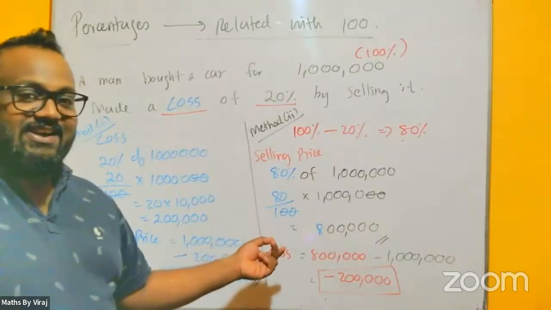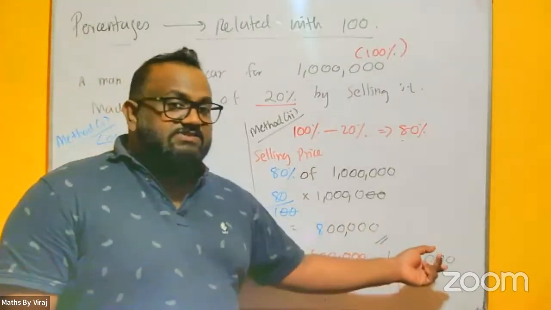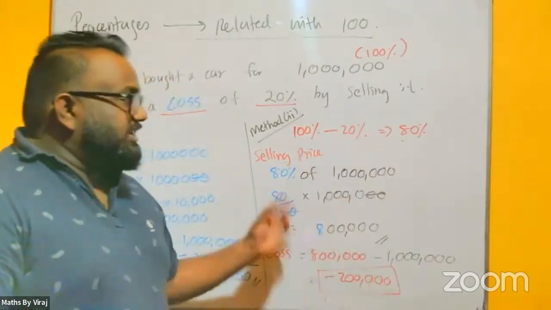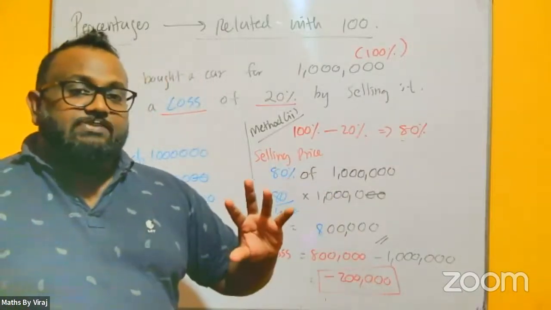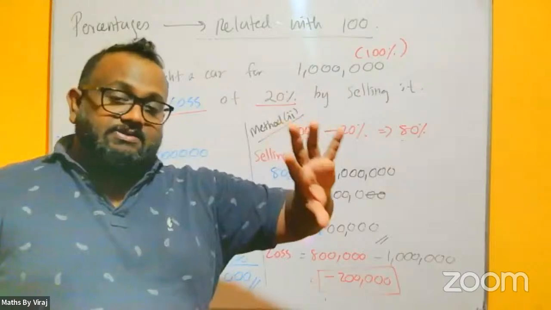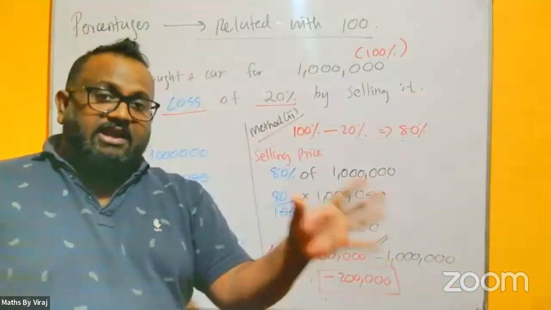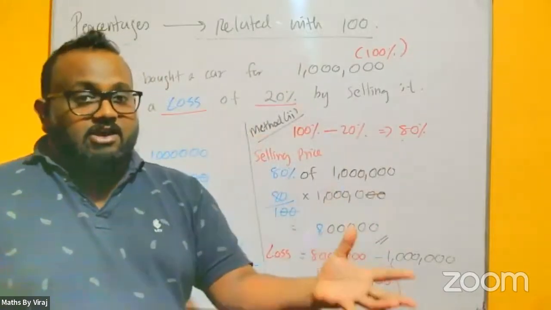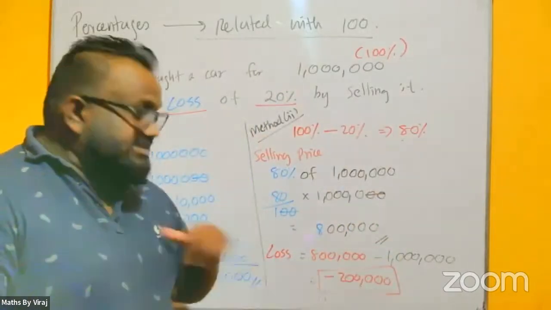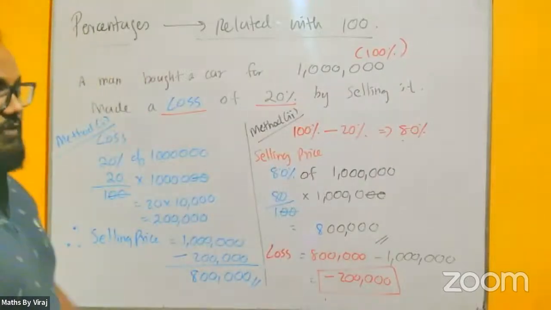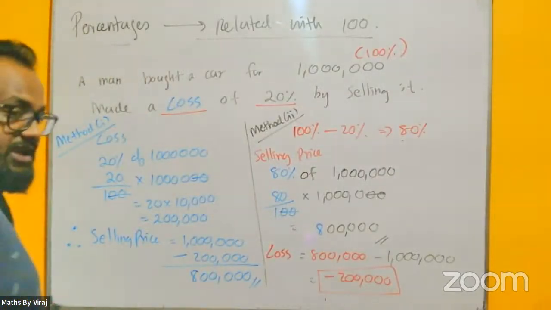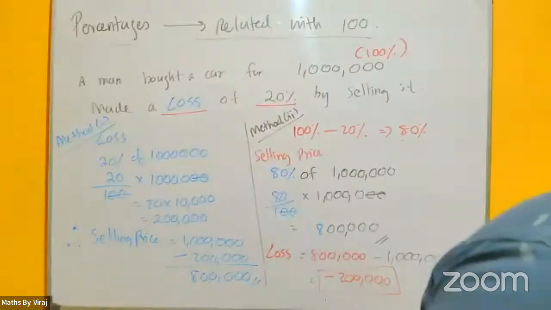Therefore, the loss is what? 800,000 minus 1 million. Remember, whether it's a loss or a profit, you have to subtract the buying price from the selling price. If it is a profit, it will be a plus. If it is a loss, it will be a minus. In this case, it is a minus. Therefore, we can say it is a loss. Take this down, children, as well. Please, fast.